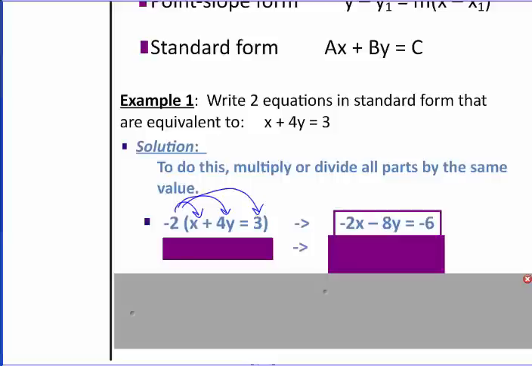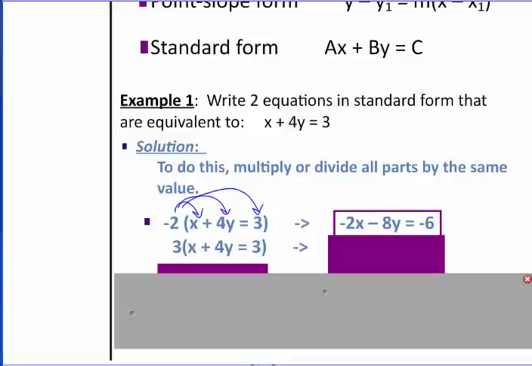Another example, since I said to write 2 equations, would be 3 times the quantity x plus 4y equal to 3. So we're multiplying the whole equation by the 3. This time I chose a positive number. So 3x plus 12y equals 9. Again, remember distributing and multiplying all the parts.